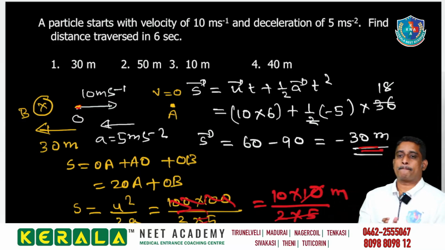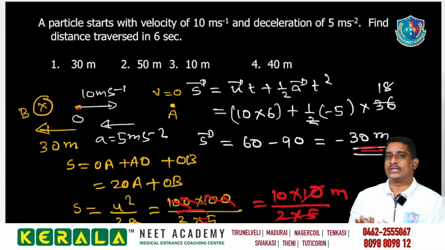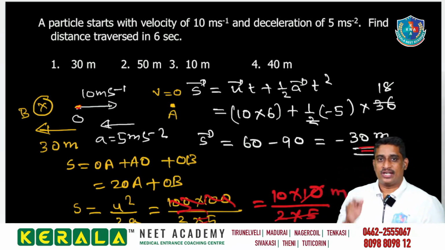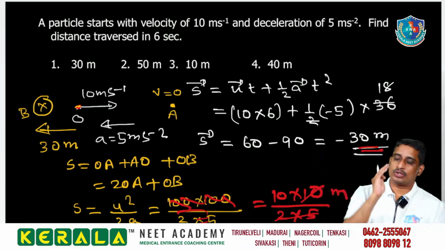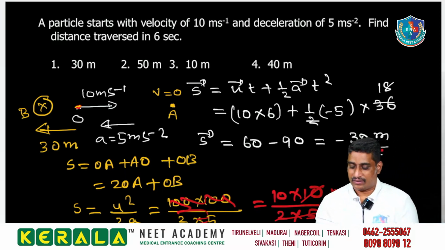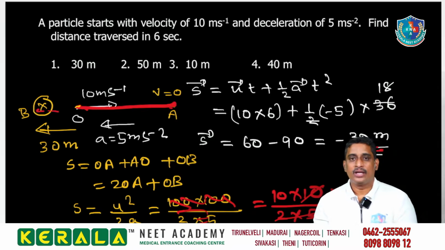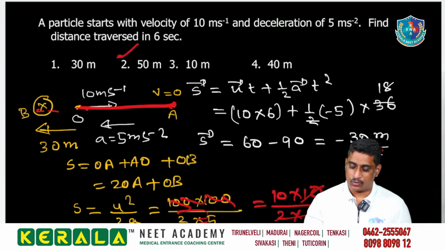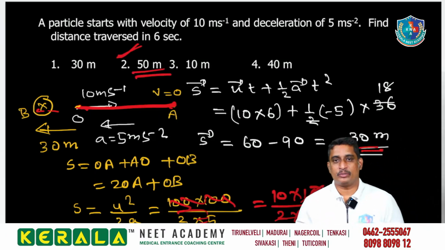After traveling through a distance of 10 meters, it will come to rest. That means OA is 10, AO is also 10, so 20. Adding the other distance, it will be 30. OA is 10, we got. So this is 20, the other one will be 30. Therefore, the total distance covered by the particle during this process will be 50 meters. 50 meters will be the answer.